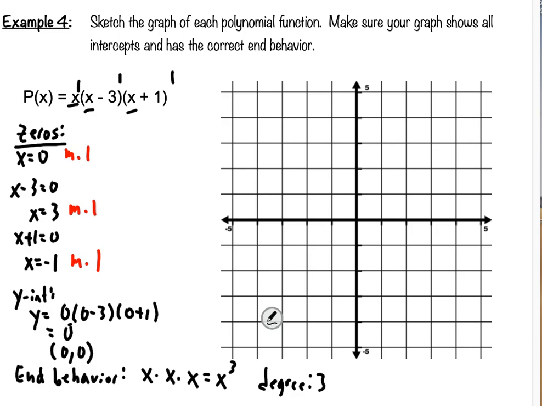And it's odd because 3 is an odd number. And then it's positive. We don't have a negative x in either one of these cases, so it's going to be positive. And so if you have that y equals x to the third in your head there, you know it's going to be down and then up.